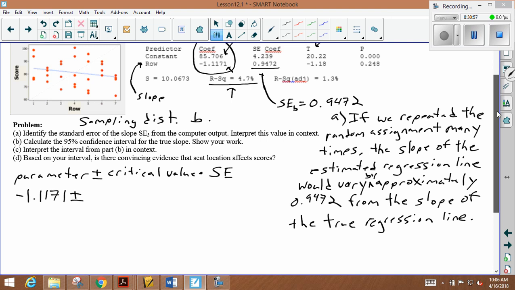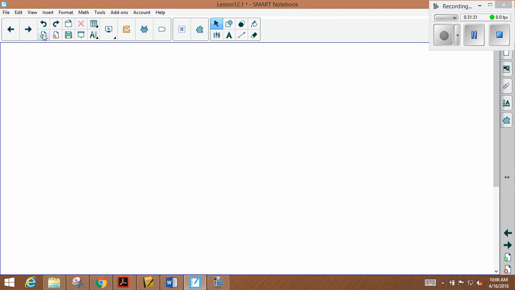All right, our critical value. We're going to use our t star statistic for this. We would use z star if we knew the standard deviation of the actual population, and we don't, so we have to go to t star. Our degrees of freedom should be 30 minus 1. And let's talk about that real quick.